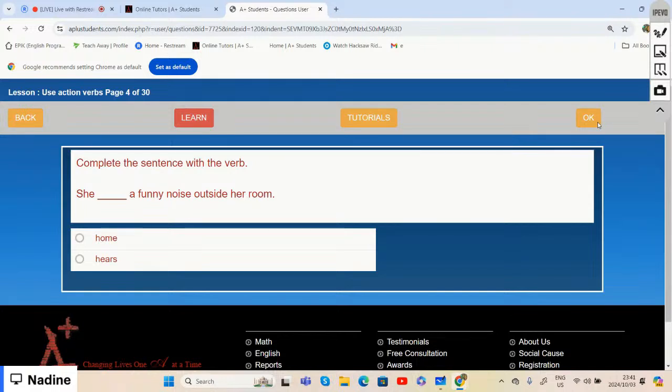And then the next one says she. Do we say she home a funny noise outside her room, or do we say she hears a funny noise outside her room?